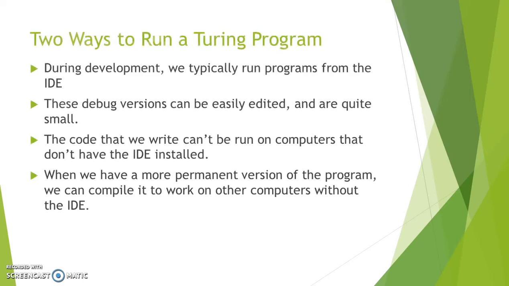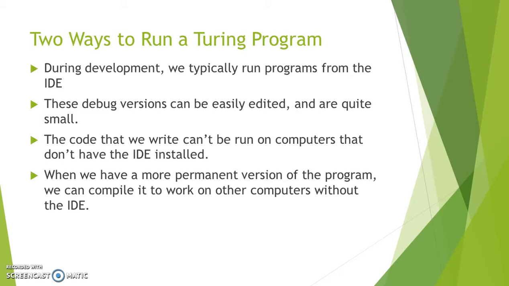Okay, so there's two ways to run a Turing program. Most commonly, we're going to run the program from the IDE. When we're doing development, that's usually going to be the way we'll work. Essentially all we're doing is testing debug versions.